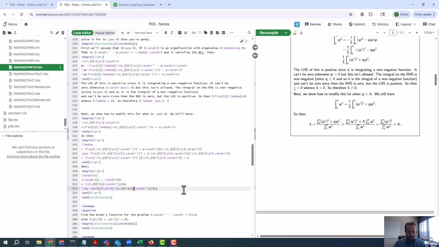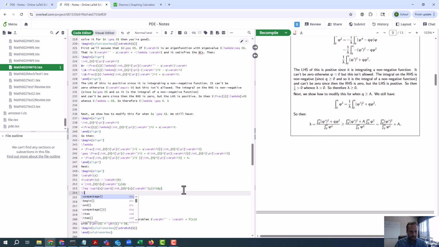And now we're going to square this. Okay. And now what we're going to get is that this is going to be less than or equal to. Okay, so what is this going to be less than or equal to?